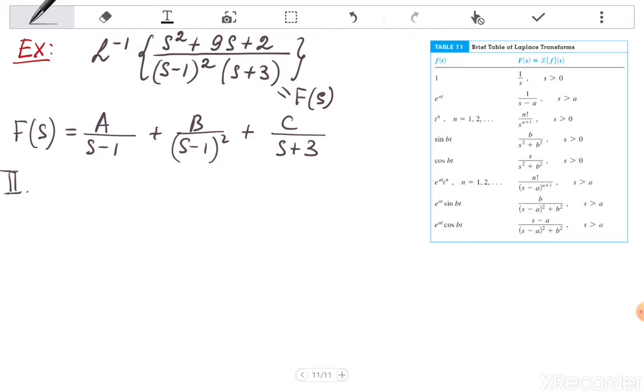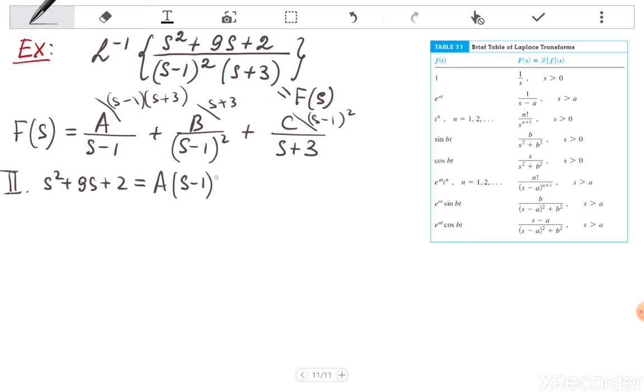In the second method, we multiply everything by the denominator to have s squared plus 9s plus 2 is equal to a times (s minus 1)(s plus 3), plus b times (s plus 3), plus c times (s minus 1) squared. So we obtain this expression, and now we take some values of s to find a, b, and c.